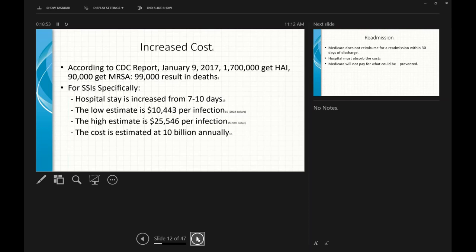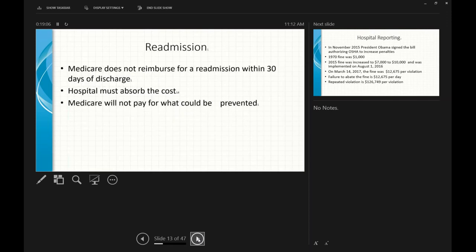These are the estimates of increase in hospital stays. And you have to remember, these are averages. That's a lot of money. And Medicare does not reimburse for a readmission within 30 days of discharge.